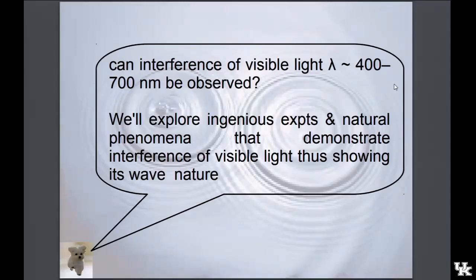So we need to be ingenious. The two-slit experiment is ingenious to see the interference of light, the wave properties of light. Or we need to be lucky with natural phenomena to see the interference of light and the wave properties of light, and that's the soap bubbles. So we're going to look at those two examples.